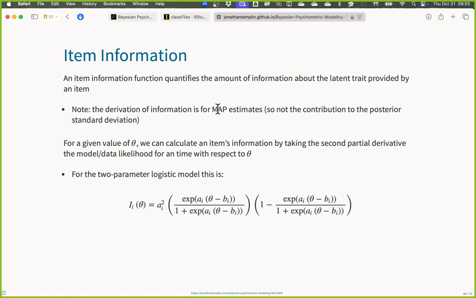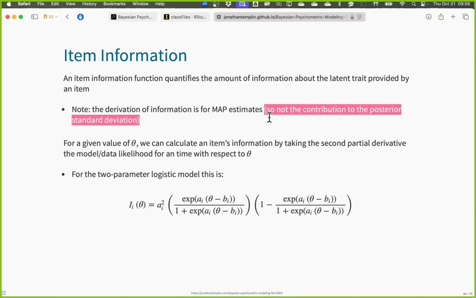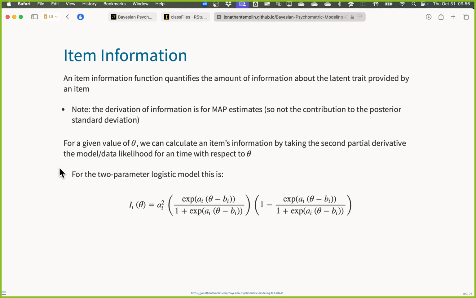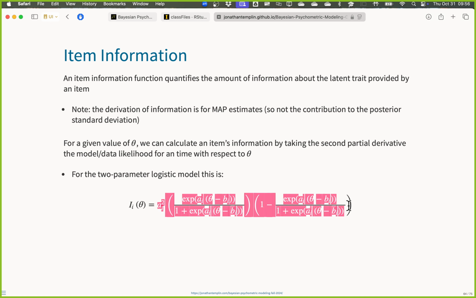So this is telling us information that is from the maximum of theta itself, not the posterior mean. What I'm saying is this information function describes the curvature of our posterior distribution at its mode, not at its posterior mean. So it's a little bit different than posterior standard deviation. But we can still calculate it, and we can still use this.